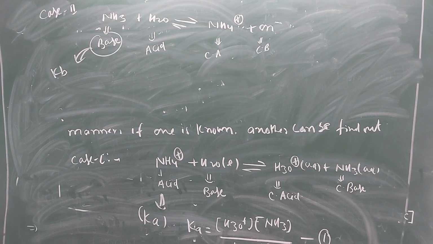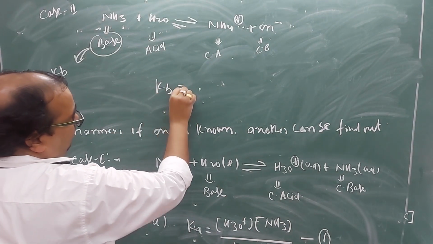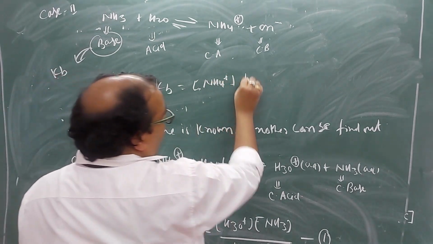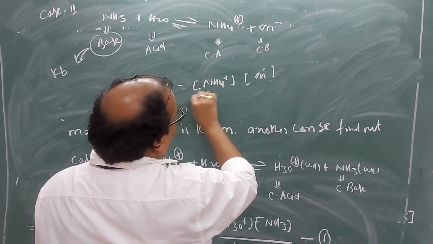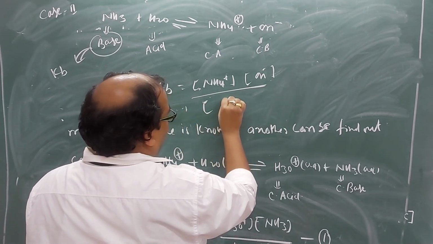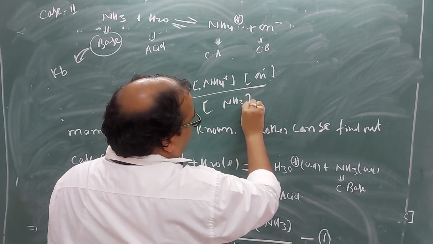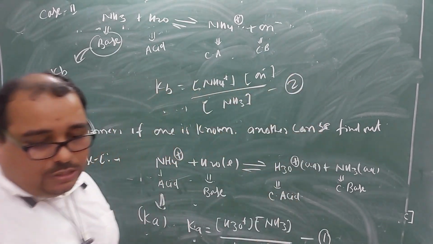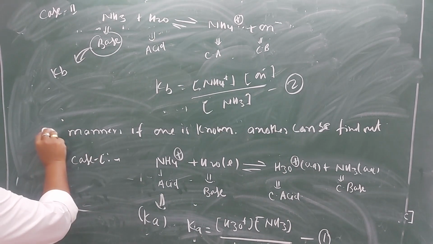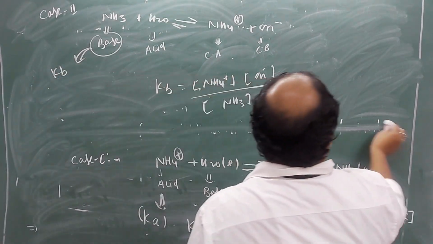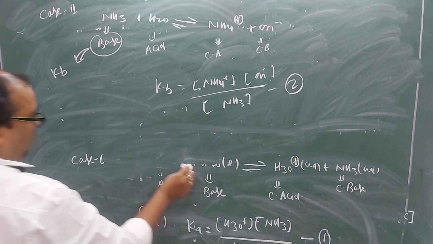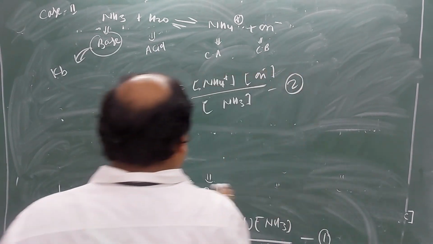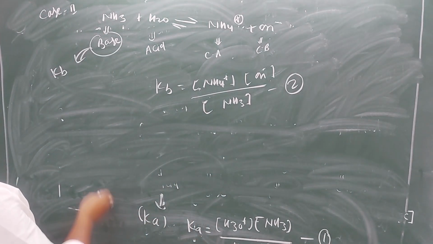What will be the Kb? Kb is equal to concentration of ammonium into concentration of hydroxide upon concentration of ammonia. Take this as equation 2. Now we multiply equation 1 and 2. What will we get? I am writing here.